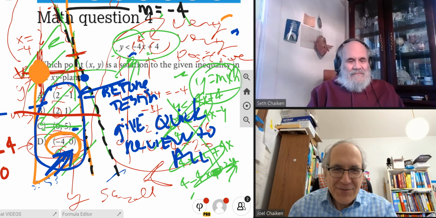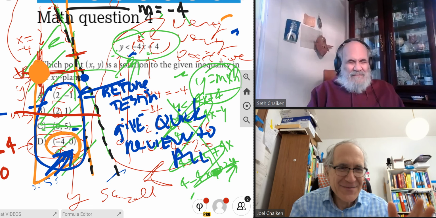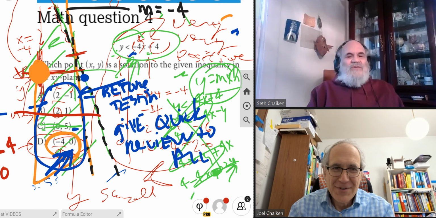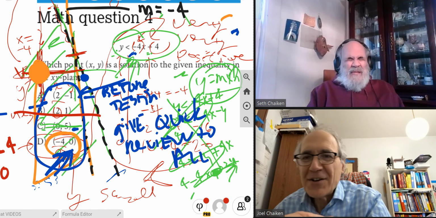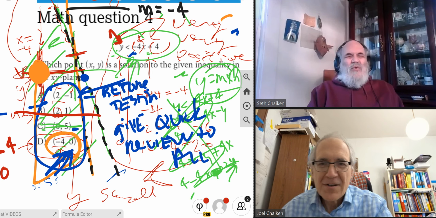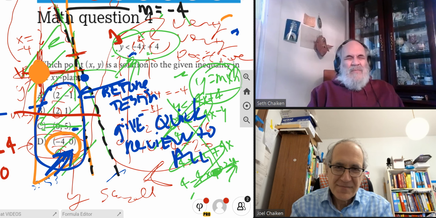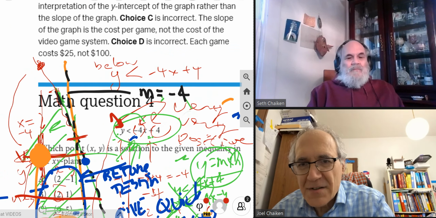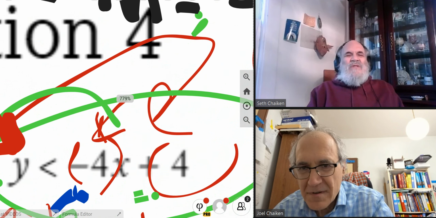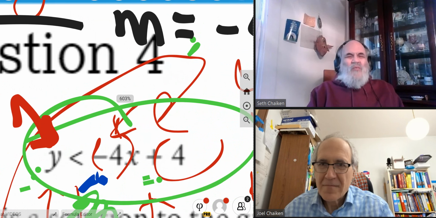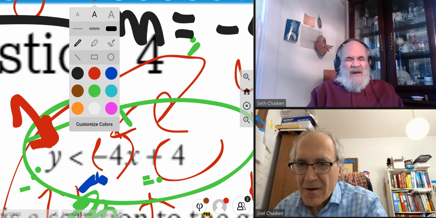But also, when you wrote the table, you wrote the Y's first instead of the X's first. It was so unusual. No, I did the Y's first instead of the X's because I wanted to detect when Y is less than the right-hand side expression. I'm comparing the Y of the left-hand side with the value of the right-hand side, which would be the Y if the equation were Y equals minus 4x plus 4.